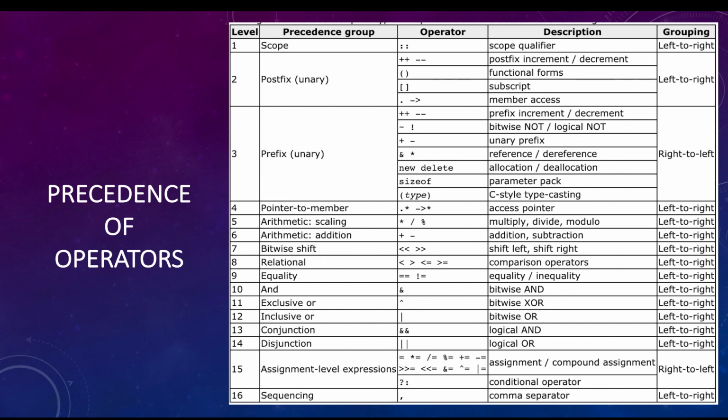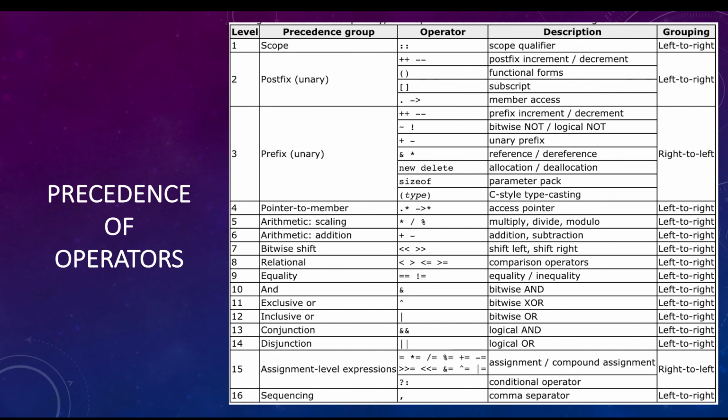Remember when we were running the command std::cin, std::cout, that actually has the highest priority. Increment and decrement come next: functional forms, subscript, member access, prefix increment, decrement, bitwise not, logical not, and so on.